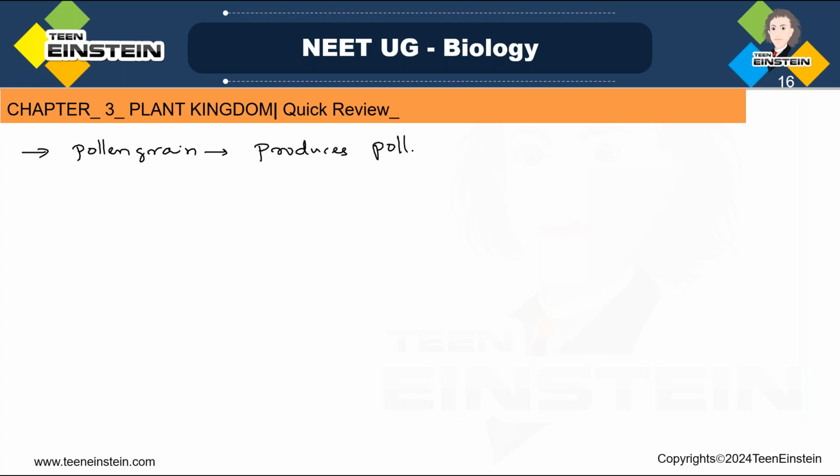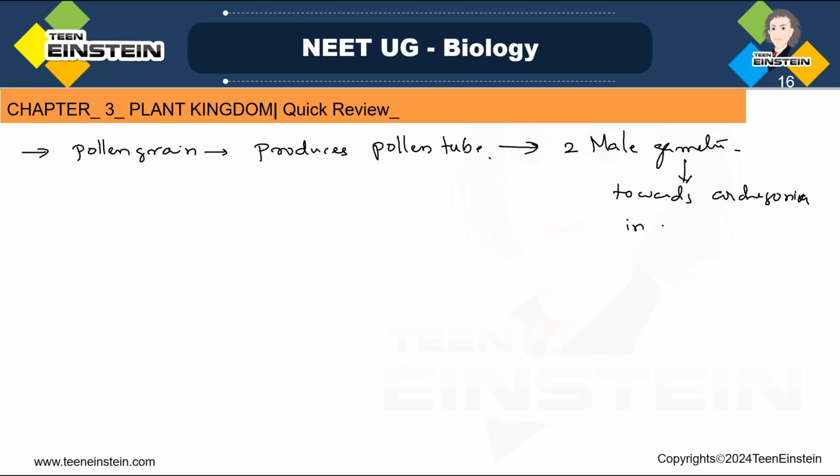This pollen tube carries two male gametes, and it will grow towards the archegonia in the ovule, right?